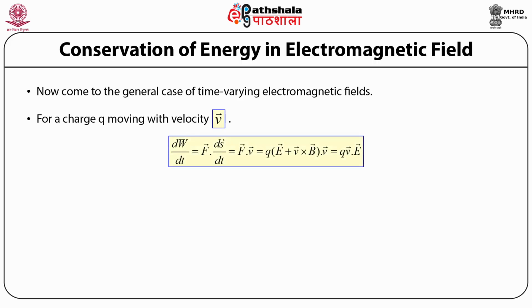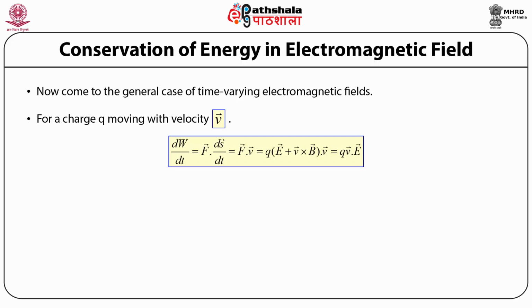If we have a charge q which is moving with a velocity vector v, then the rate of work done on this charge is given by using the definition of the Lorentz force. So the time derivative of the work done on this charge is equal to the Lorentz force F dot the time derivative of the displacement, that is, the scalar product of the Lorentz force and the velocity vector v.